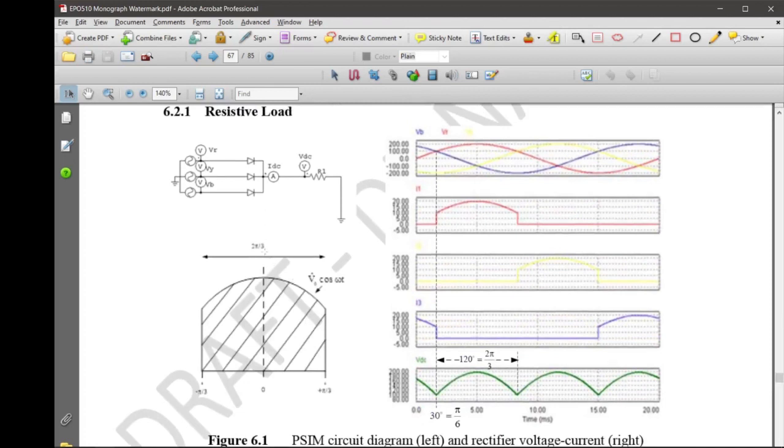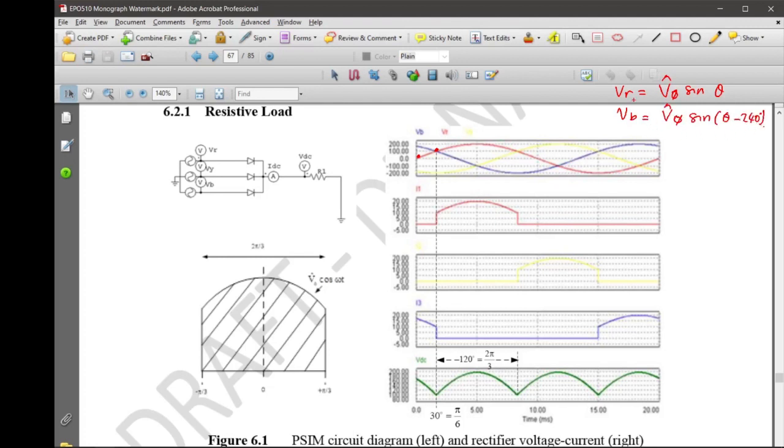Okay, so what is the angle from 0 here to that angle? You can prove that using the equation. We know that V red can be written as V peak phase sine theta, and then V blue equals V peak phase sine theta minus 240 degree.